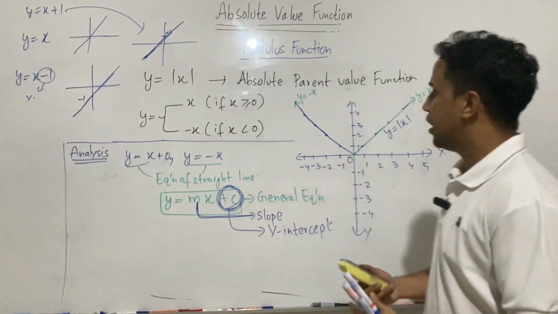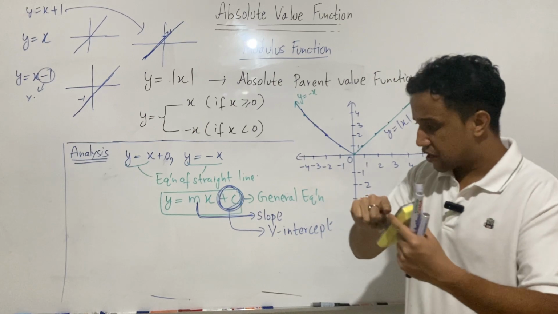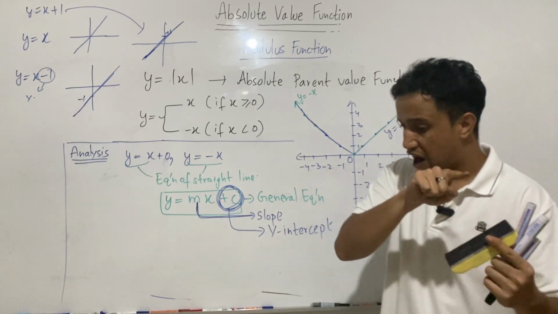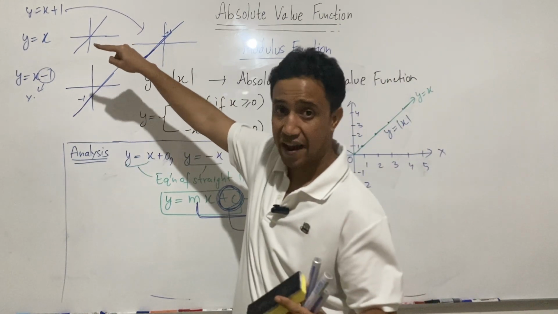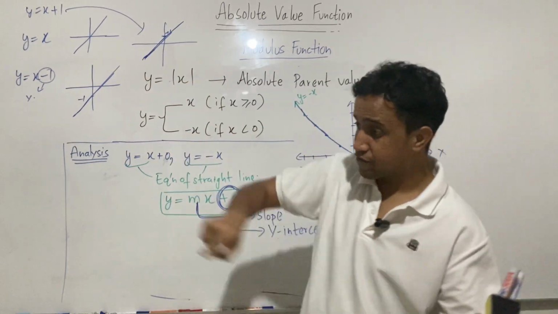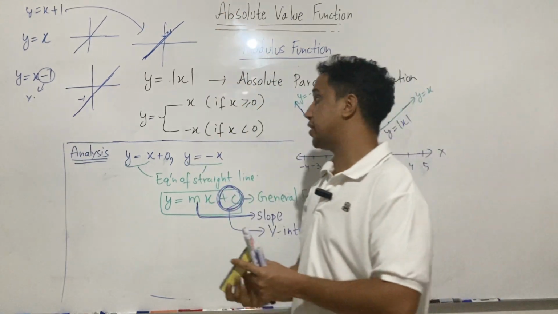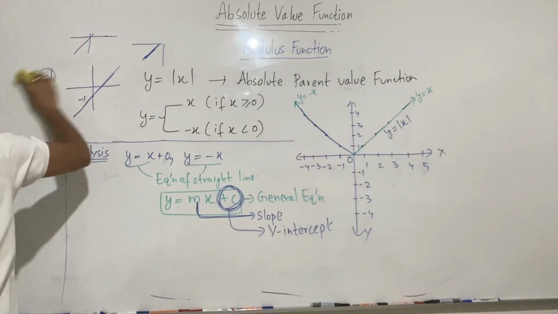It's simple. If it is positive, then your graph will pass through the y-axis at that point. If it is negative, then your graph will also pass through the y-axis at that point.